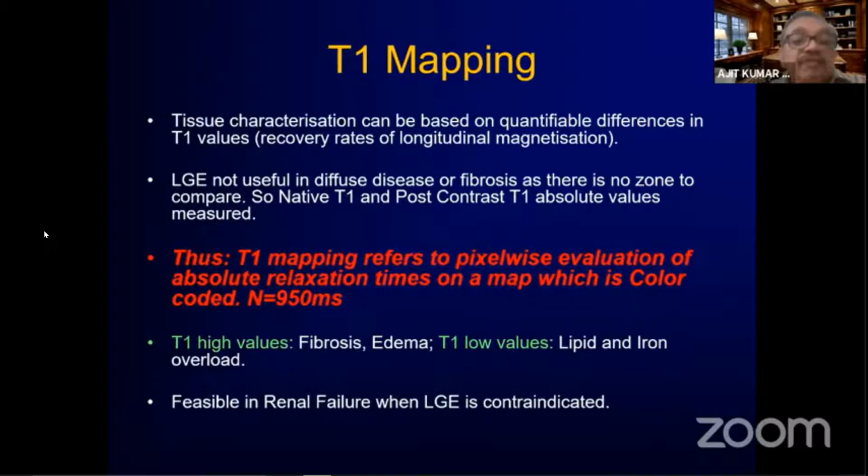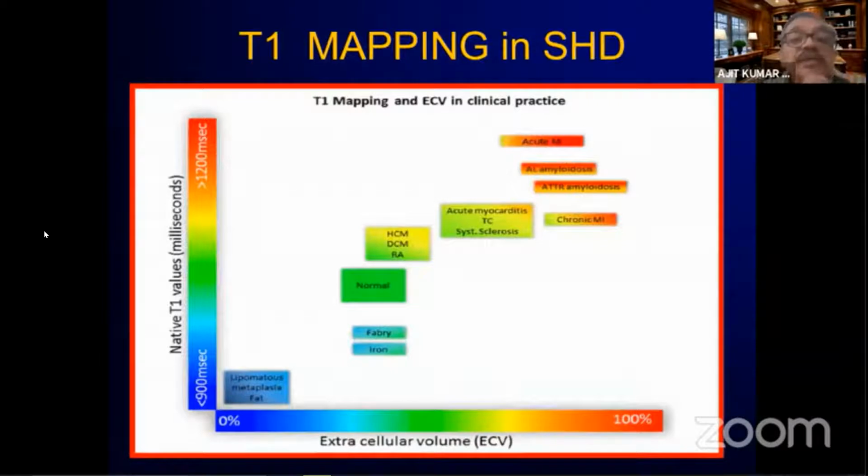The normal value is about 950 milliseconds for the T1. High T1 values are seen with fibrosis and edema, and low T1 values are typically seen with iron overload and lipid. It is feasible in renal failure, especially when LGE is contraindicated. In a color-coded T1 map, green is normal, and any value above that is an increased T1 value, seen in hypertrophic cardiomyopathy, DCM, acute myocarditis, systemic sclerosis, amyloid, MI, and the scar phase of ischemic heart disease.